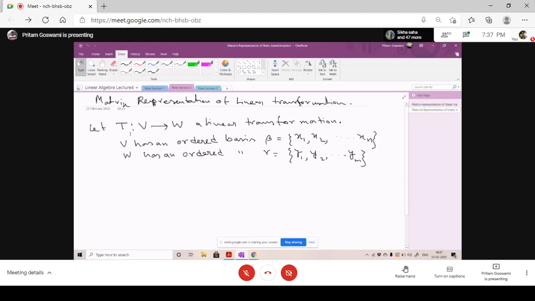Now, suppose T is a linear transformation, and we will be providing a matrix that will represent this linear transformation. The linear transformation is from a vector space V to a vector space W. Both are finite dimensional, and V has an ordered basis beta, the ordered set x1 to xn, and W has an ordered basis gamma from y1 to ym. Here V has dimension n, and the dimension of W is m, right?